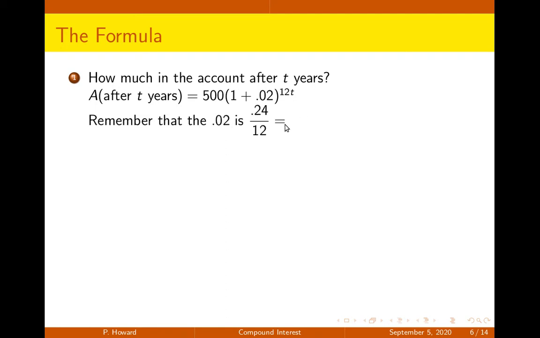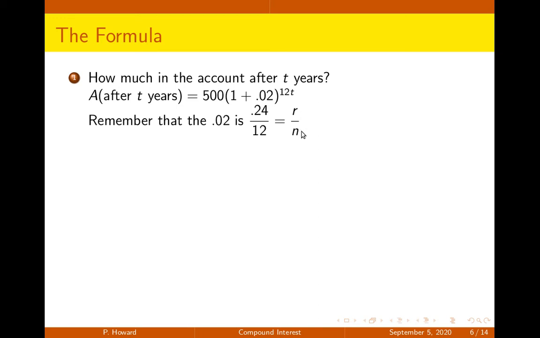And now I want you to remember that the 0.02 is the monthly interest rate. We got the 0.02 by dividing the yearly interest rate, 0.24, by the number of compounding periods in a year, by the number of months, which was 12. The 0.02 is r over n.